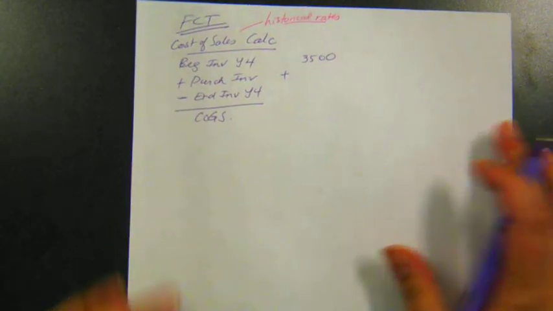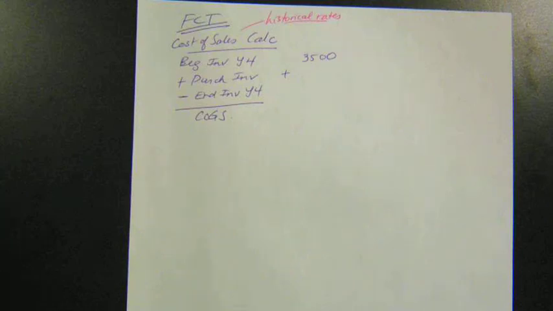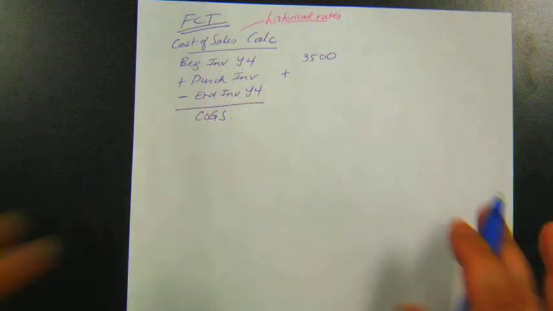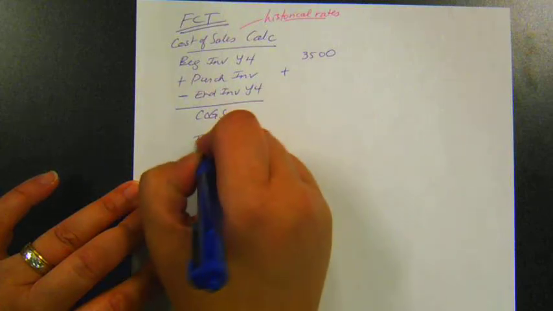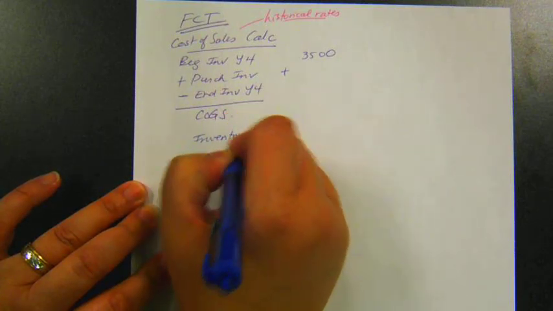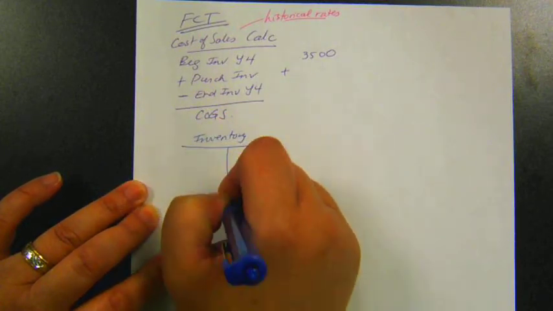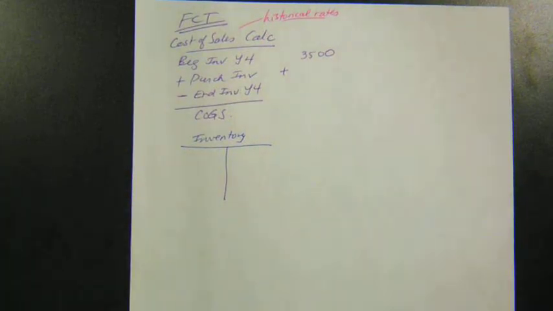Now, we need to add our purchases. On here, does it say anything about purchases of inventory? No, except purchases were made throughout the year. So I'm just going to do a little T account for inventory to try and figure out what our purchases are.